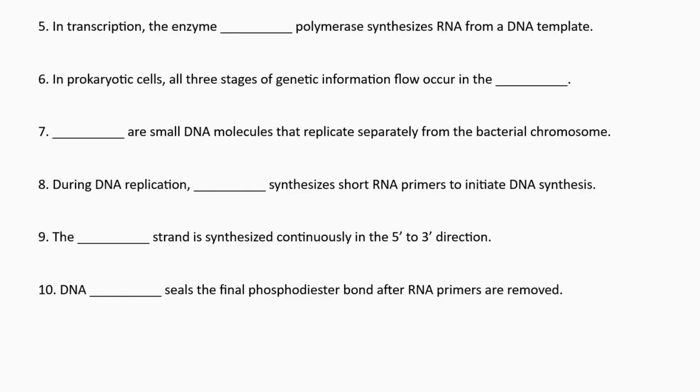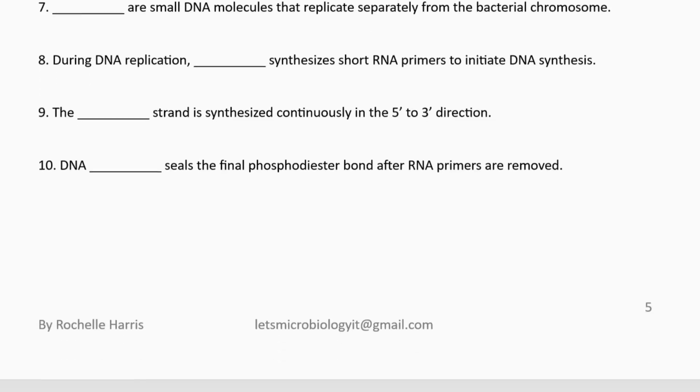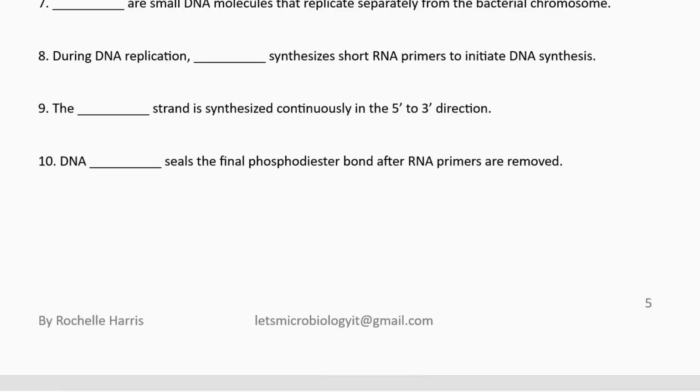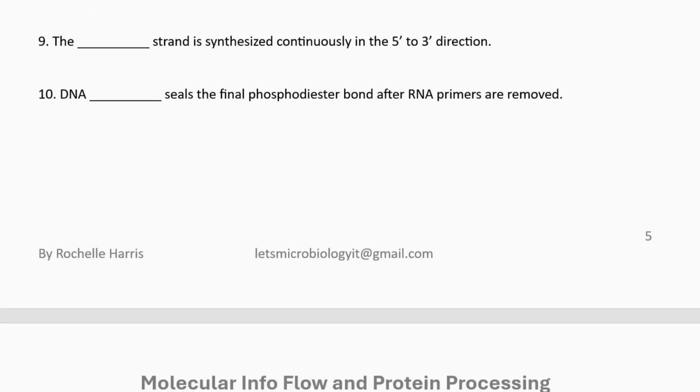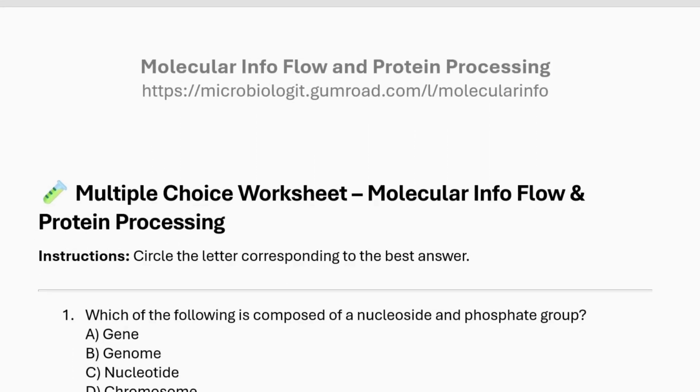Blank are small DNA molecules that replicate separately from the bacterial chromosome. 8. During DNA replication, blank synthesizes short RNA primers to initiate DNA synthesis. 9. The blank strand is synthesized continually in the 5' to 3' direction. 10. DNA blank seals the final phosphodiester bond after RNA primer is removed.